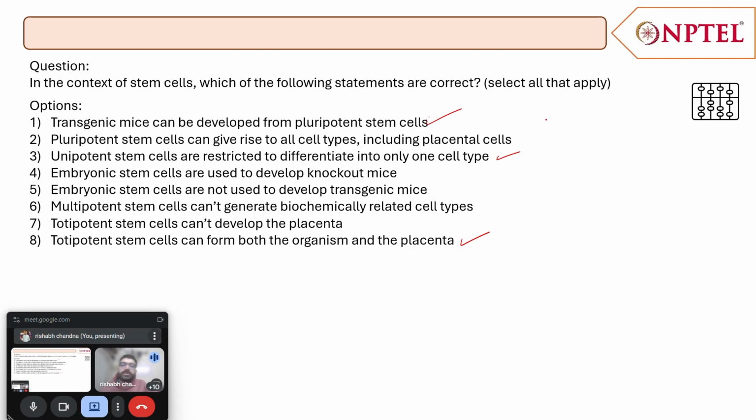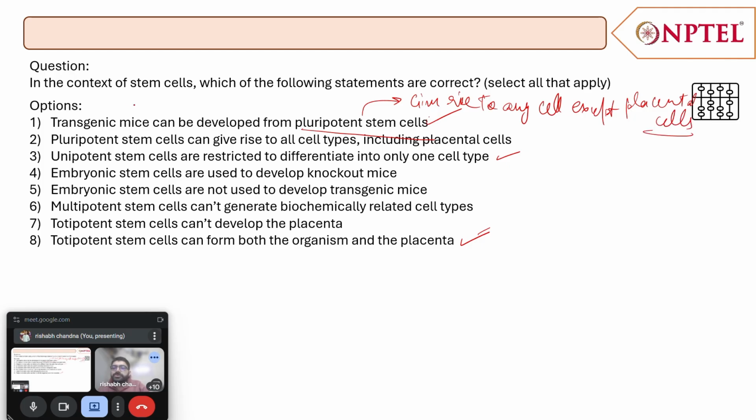Okay, so let's start looking at the options. First is: transgenic mice can be developed from pluripotent stem cells. So, okay, 1 and 8. Yes. The pluripotent stem cells are basically the ones that can give rise to any cell except the placental cells.